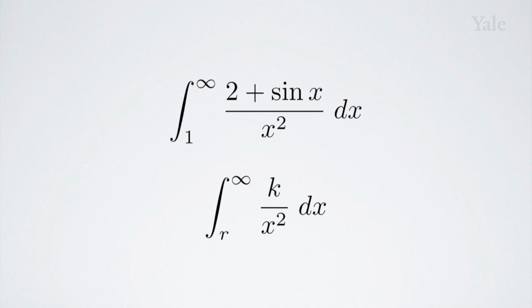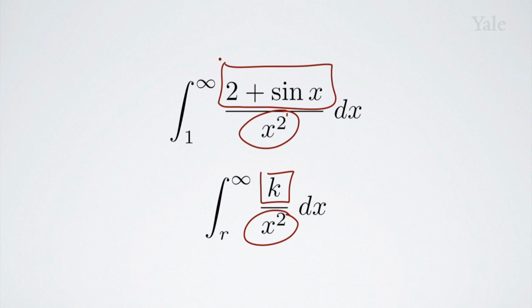And if we look at this, we see that the denominator is suspiciously similar to the denominator of k over x squared. Of course, the difference is we don't have a constant k in the numerator for the example that we're going to deal with. We have this function 2 plus sine x.